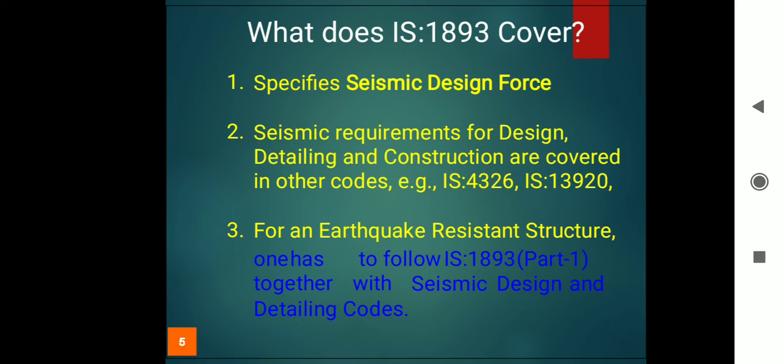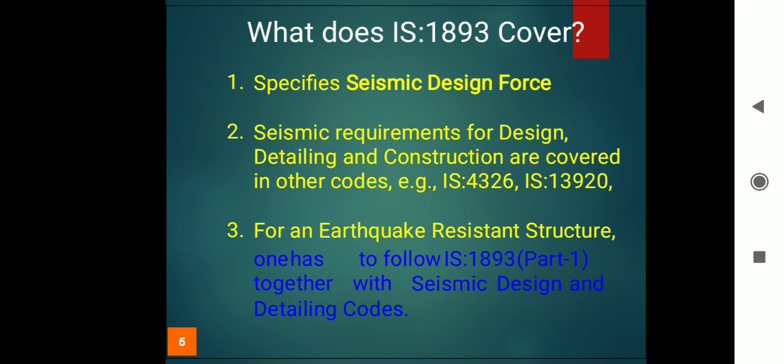Zones 2, 3, 4 and 5 are shown in the new seismic zoning map. The second modification is that the values of seismic zone factors have been changed. These now reflect more realistic values of effective peak ground acceleration, considering the maximum considered earthquake, that is MCE, and the service life of the structure in each seismic zone.